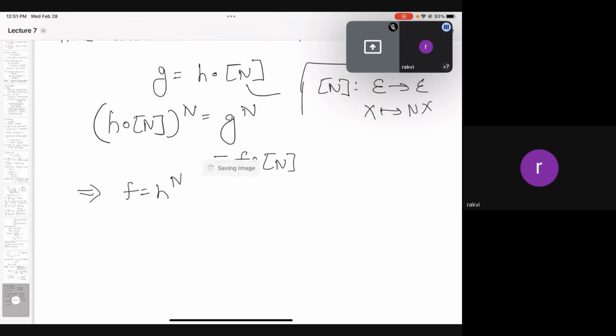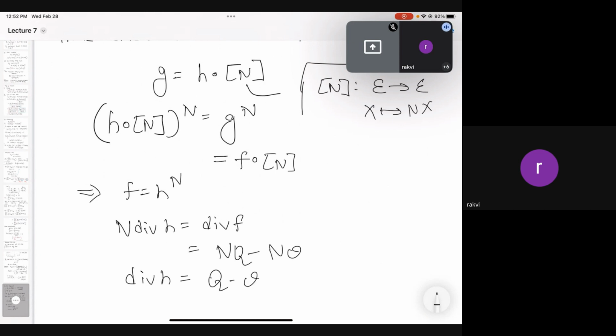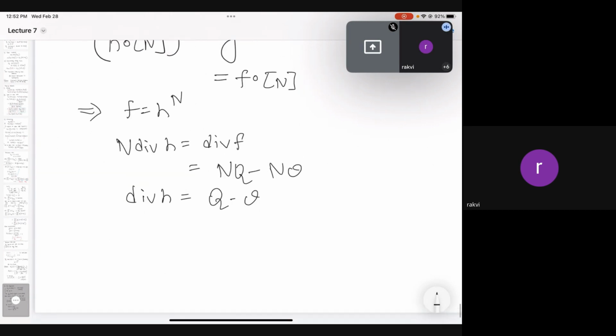Now, if I multiply functions, their divisors get added. So n times the divisor of h is basically the divisor of f. But our f was chosen so that its divisor is n times q minus n times identity. So that simply means that the divisor of h is q minus O. And now this is a principal divisor.